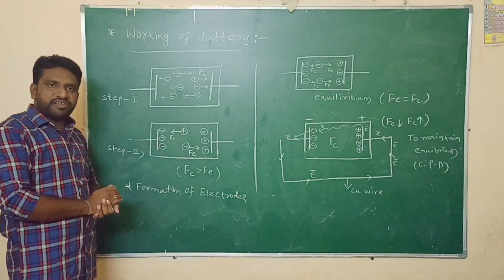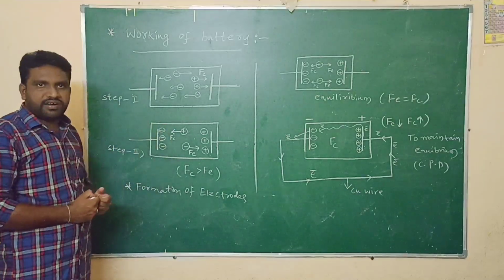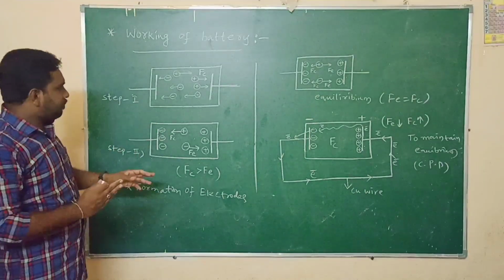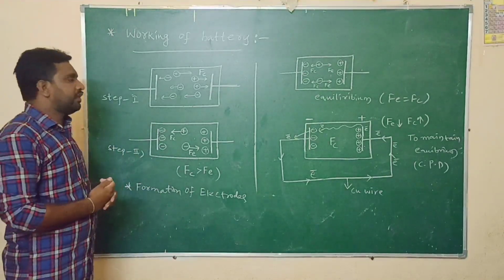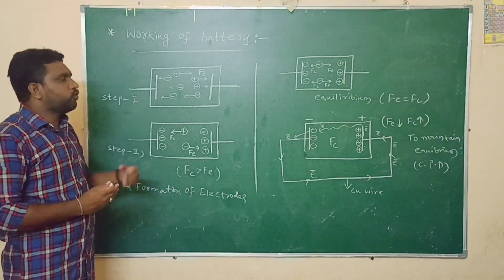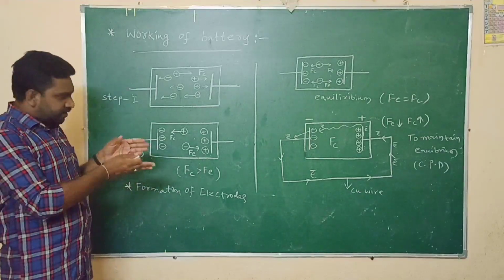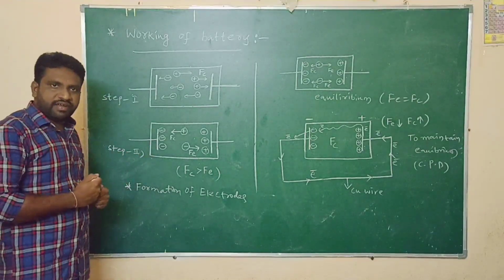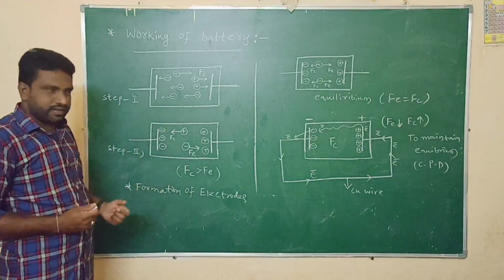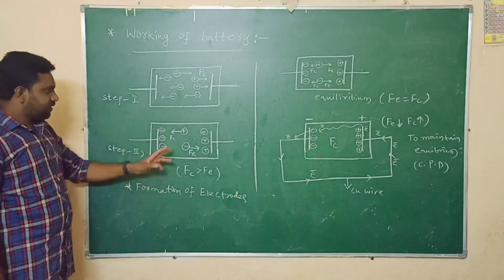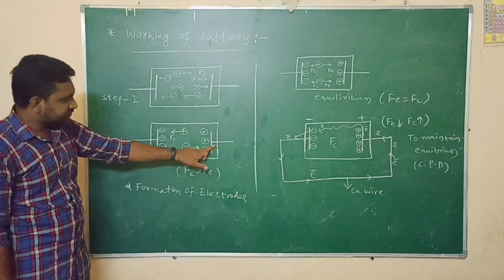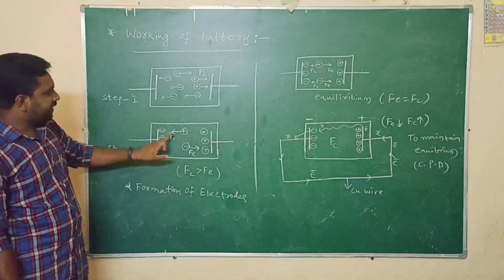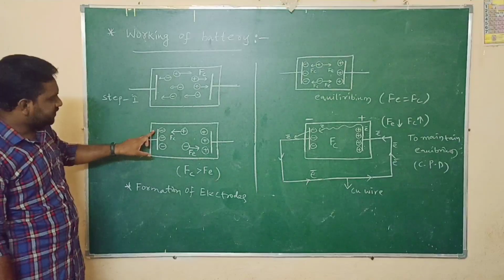According to the nature of the metal plates and the electrolyte, all the positive ions are accumulating, meaning gathering. All the positive ions move towards one plate, and the remaining negative ions move towards the other plate. In this diagram we assume the positive ions move towards this metal plate and the negative ions move towards this metal plate.